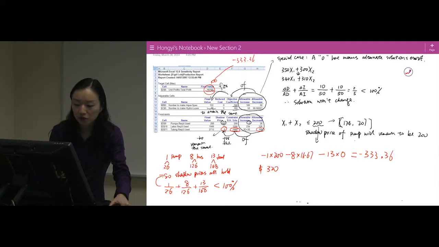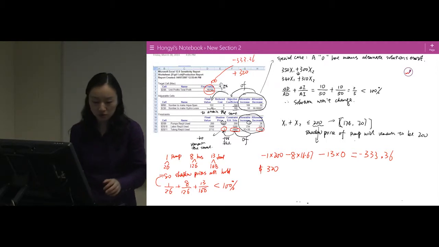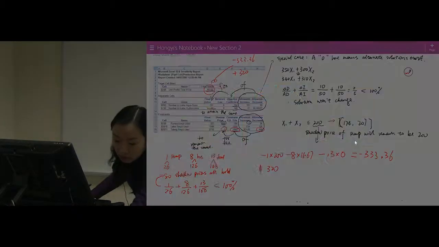So the total profit will change by this minus this, plus we're going to add $320 to the total profit pool. So is it profitable? No, because the total amount of profit is going to decrease by $13.36. So it's not profitable to make this third type.